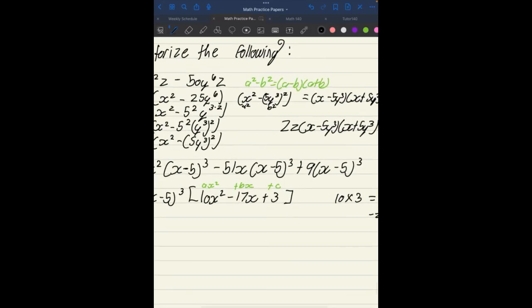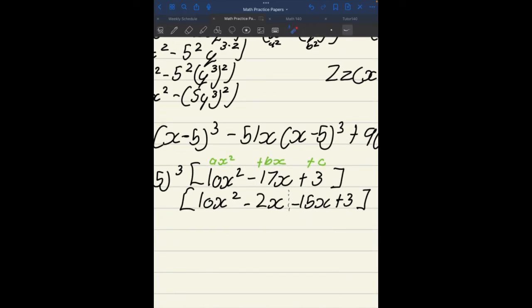So now we rewrite it as 10x squared minus 2x minus 15x plus 3, right? And now we can cut it in half, because we're going to factor by grouping. What's common between these two? 2x is common in these two, so we could factor it out and say 2x, 10x squared divided by 2x is 5x, and then negative 2x divided by 2x is just minus 1.